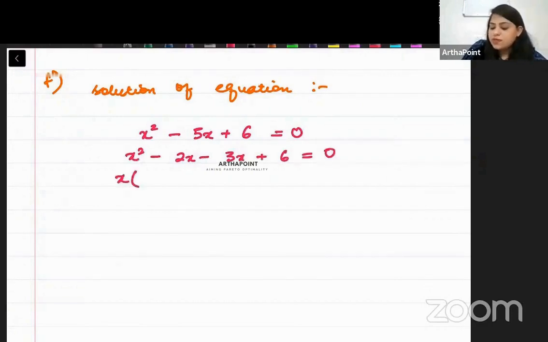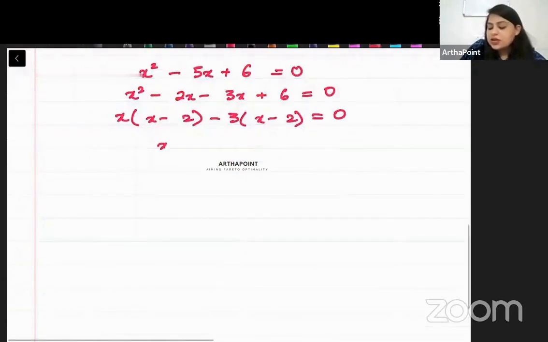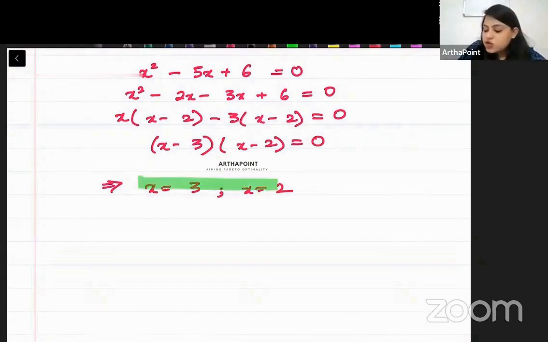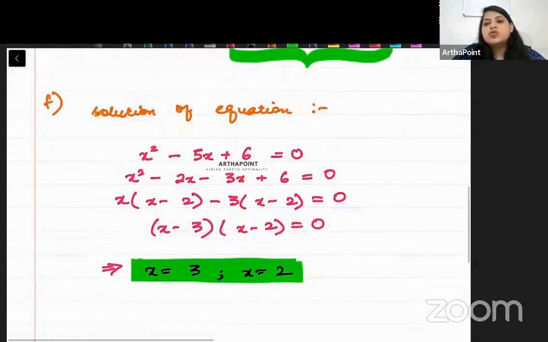I take x common, x minus 2, take minus 3 common, x minus 2 equal to 0. So what will come, beta? x minus 3 into x minus 2 equal to 0. This implies either x will be 3 or x will be 2. So beta, the collection of the solutions of the equation is also a set.